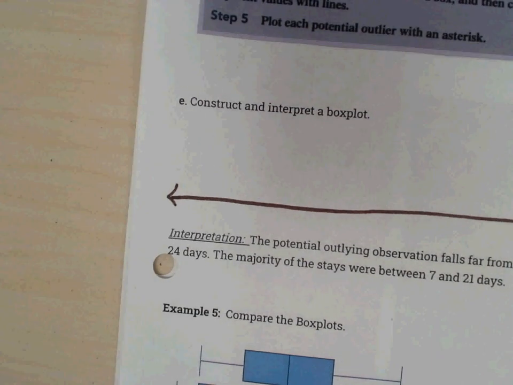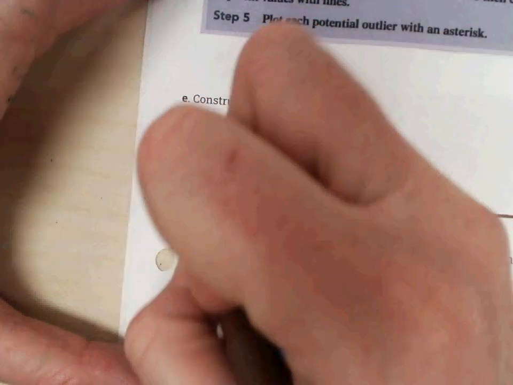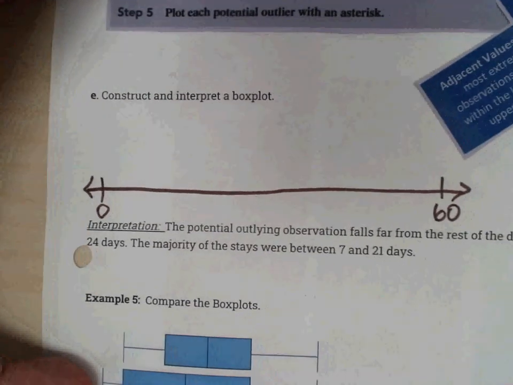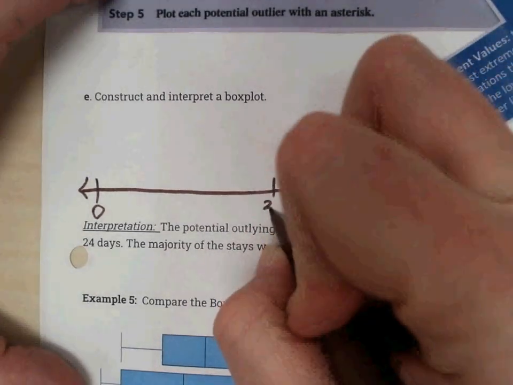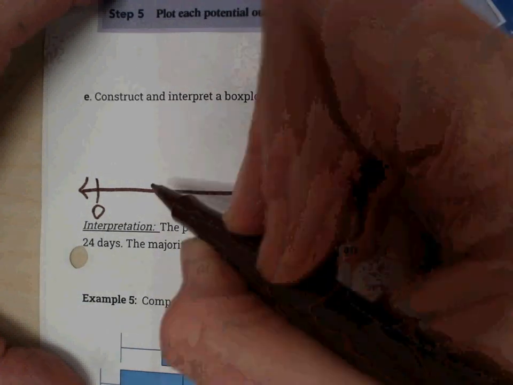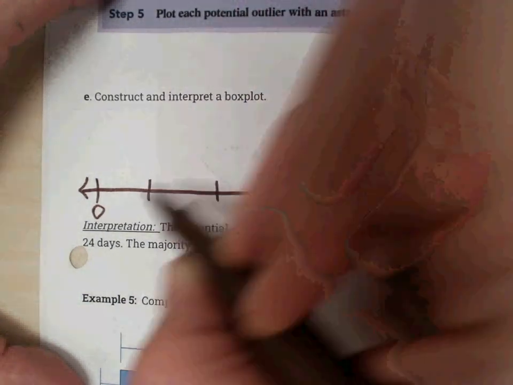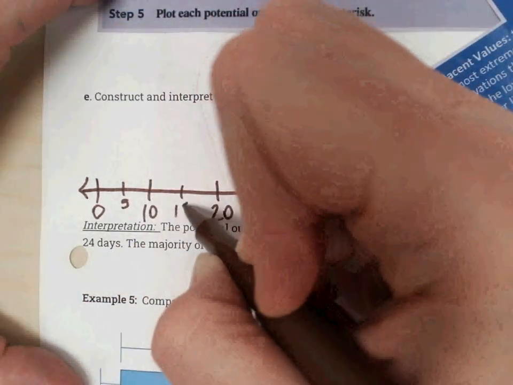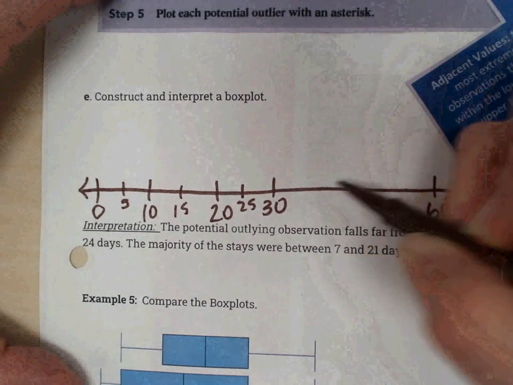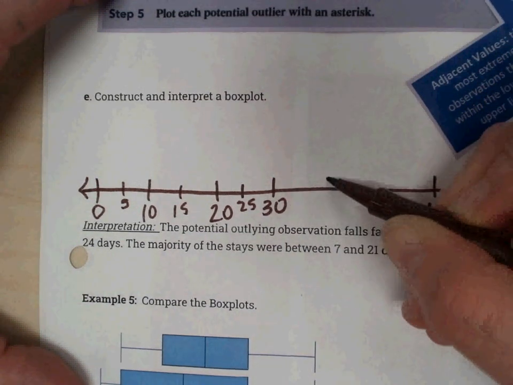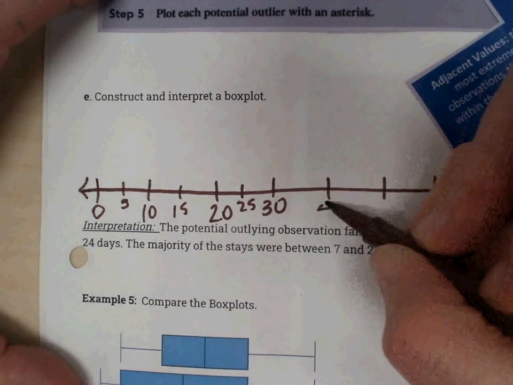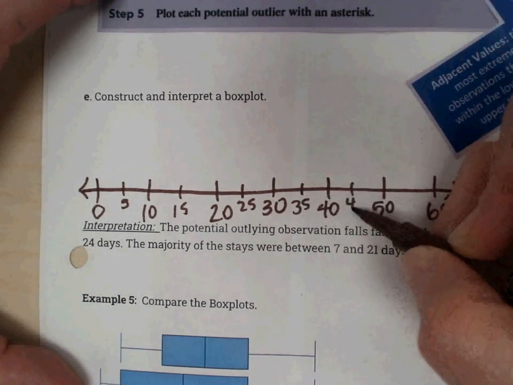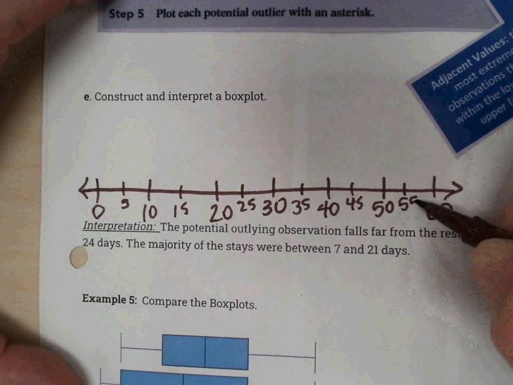My minimum and my maximum, I'm just going to go slightly below my minimum, so I'm going to go down to 0, and slightly above my maximum, I'm going to go up to 60. 30 right there in the middle, with a 10 and a 20 down here. I'm going to sneak a 5 and a 15 and a 25 here. 30, 40, 50, 35 here, 45, and 55.